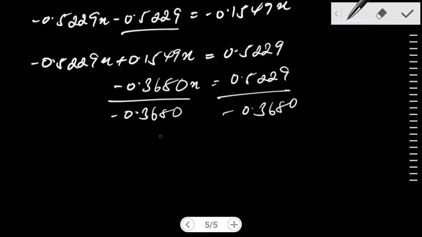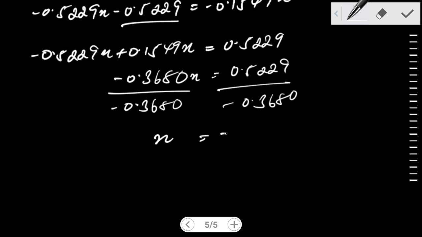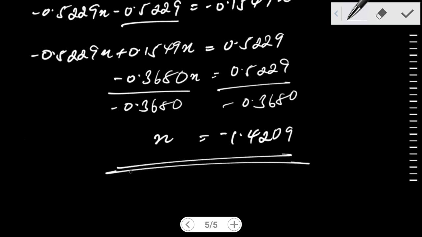And therefore, my x in this case would be equals to negative 1.4209 as the value of x. And therefore, this is how you would work out such an example.